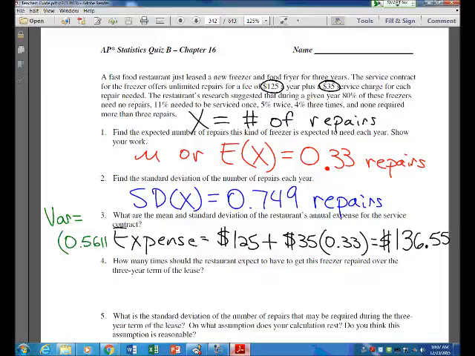So I need 0.5611, and that's going to multiply by my constant. The 125 is not going to factor into this, because if you think back to a long time ago, I believe it was chapter 6, whenever you add a constant to all of your data values, the measures of spread do not change.